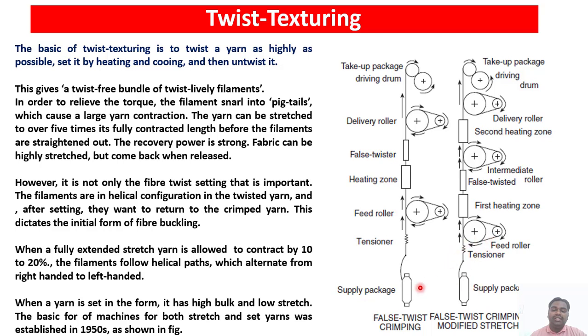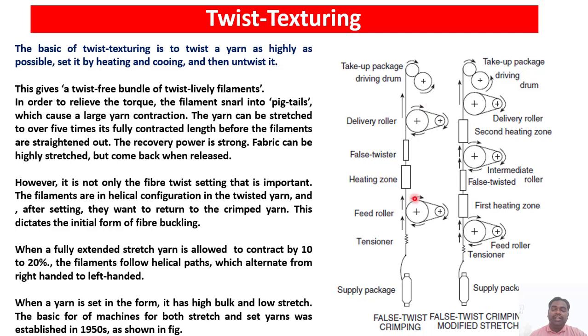As you can see here, in false twist crimping, the supply yarn is here, then it needs to pass through this balloon controller, then the tensioner to the feed roller, then it passes to the first heating zone, and the false twisting happens in this part, then the yarn is delivered, and finally it is taken to the takeoff binder.